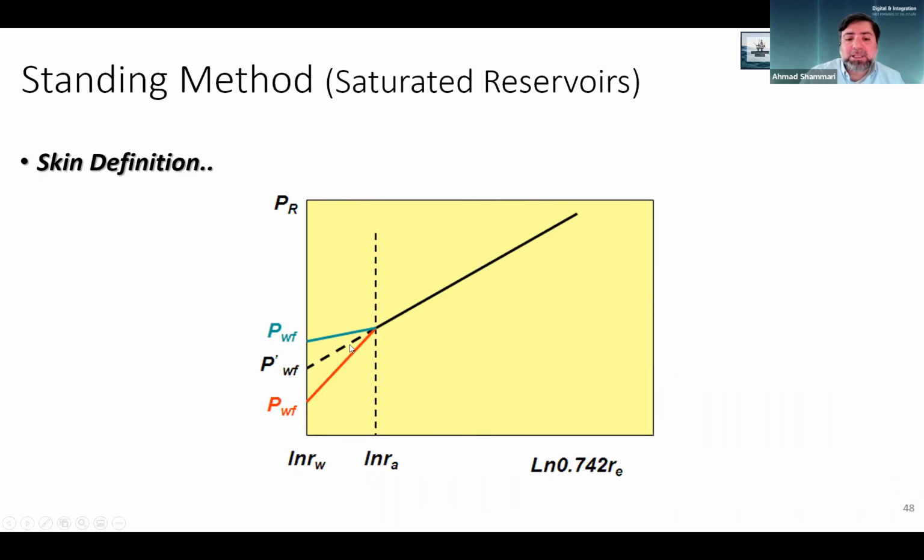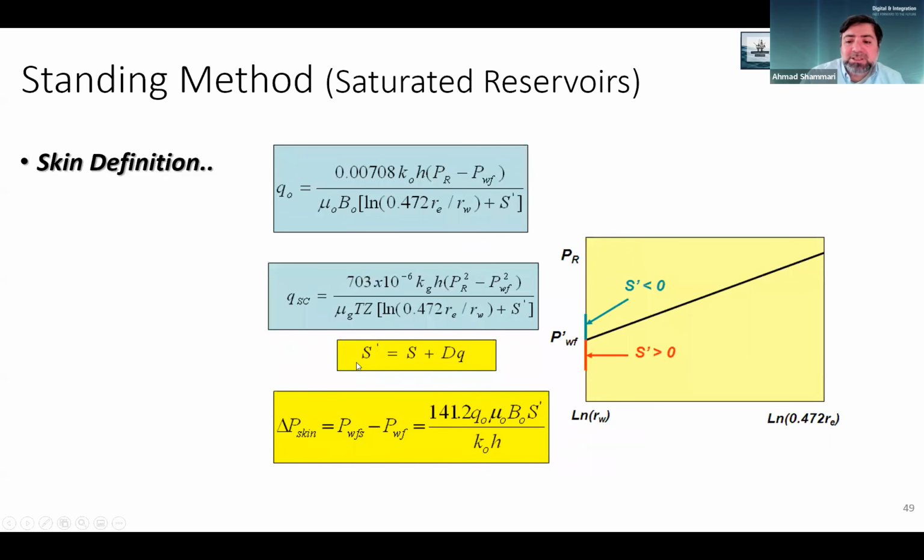And on the other hand, if we have damage, then the actual drawdown is more than the ideal drawdown, which means that the flow efficiency will become less than 1. So this is what Standing did.